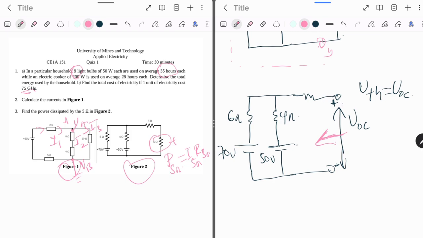So you're looking at this place here, from here to that. It's just going to be equal to our open circuit voltage. Once we've done this, we can then find the open circuit voltage.